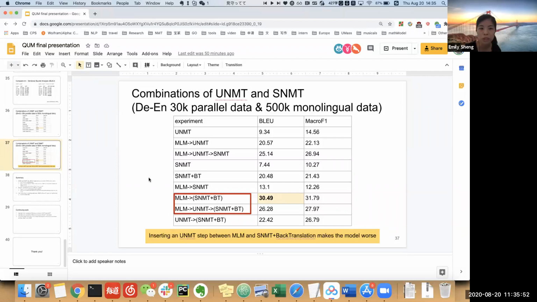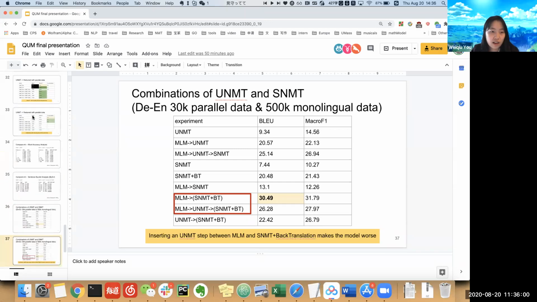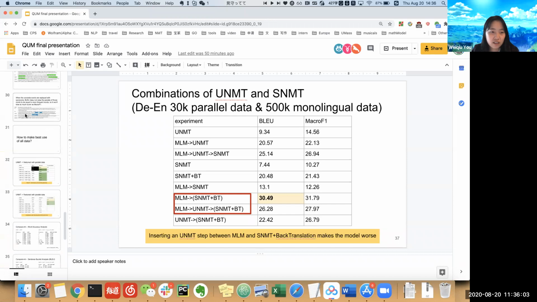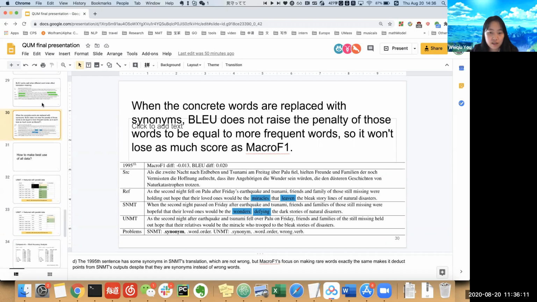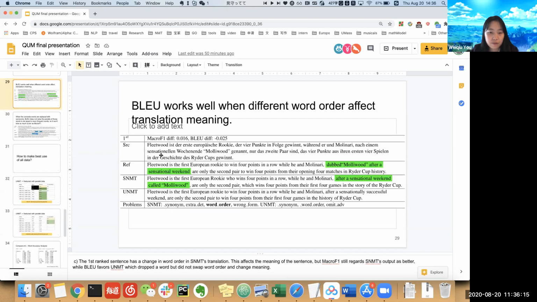There's a question in the chat that says, what was the error annotation scheme used in the study? So actually it's basically me looking at those examples and just writing down some problems that I see, and if they are similar, I might group them together.